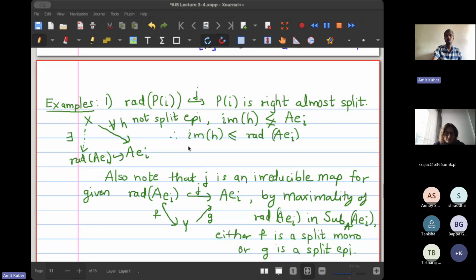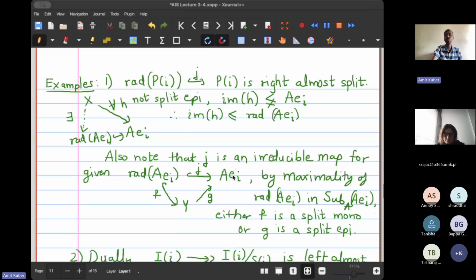And moreover, it is also an irreducible map. You might remember, irreducible means it is not a split morphism, and if at all you can factor it, then either the first component is split mono or the second one is split epi. That was the definition of an irreducible map. So now consider this inclusion J again.